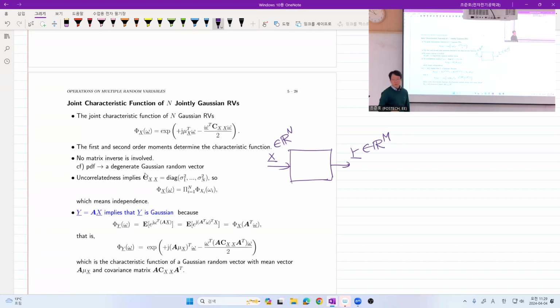The simplest transformation is an affine transformation using a matrix A that is m by n, and vector B that is m by 1. So matrix A and vector B are given, and I ask you to transform the Gaussian random vector x into some random vector y whose length may be equal or greater or less than the input Gaussian random vector.